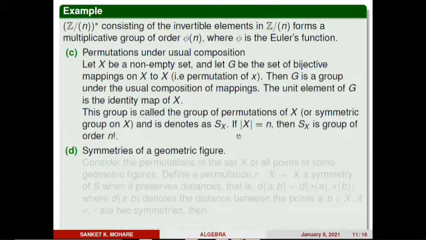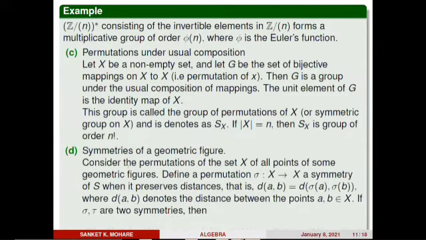Now if the cardinality of X is n, at the beginning I won't discuss what cardinality is. X is only a non-empty set. It may be finite or it may be infinite. Now if the cardinality of X is finite, means if the cardinality of X is n, then how many elements are in the group Sx? Then Sx is a group of order n factorial.